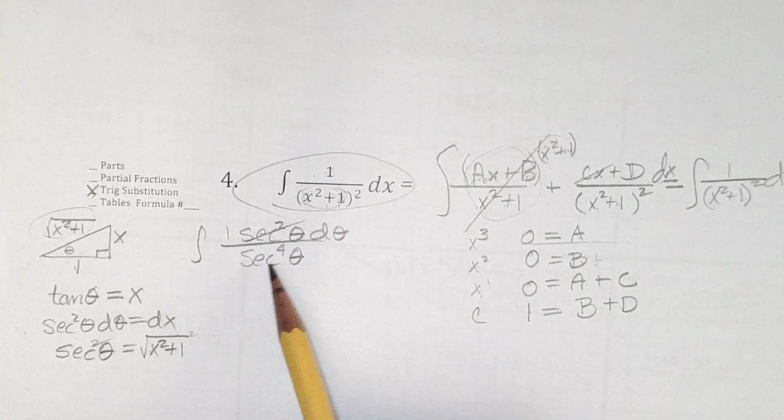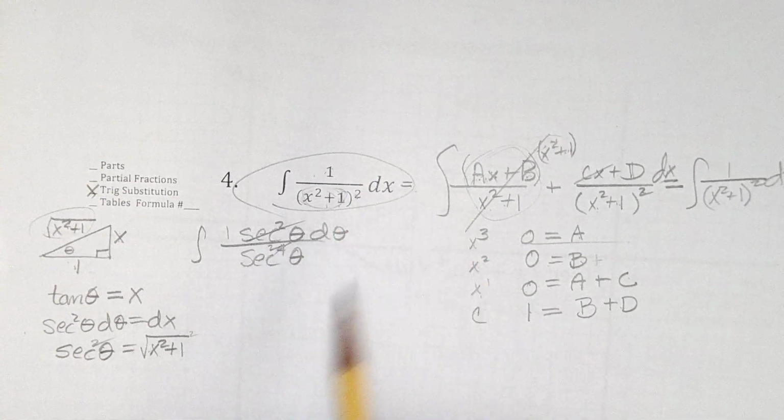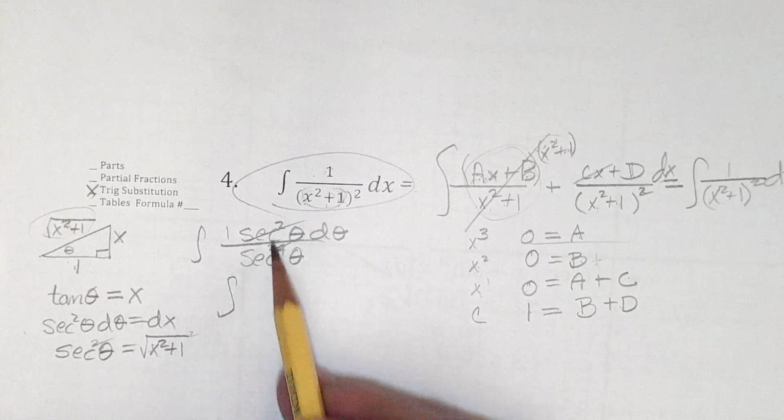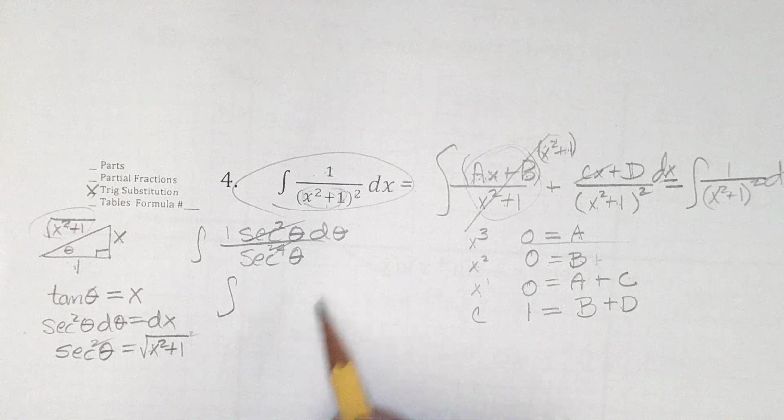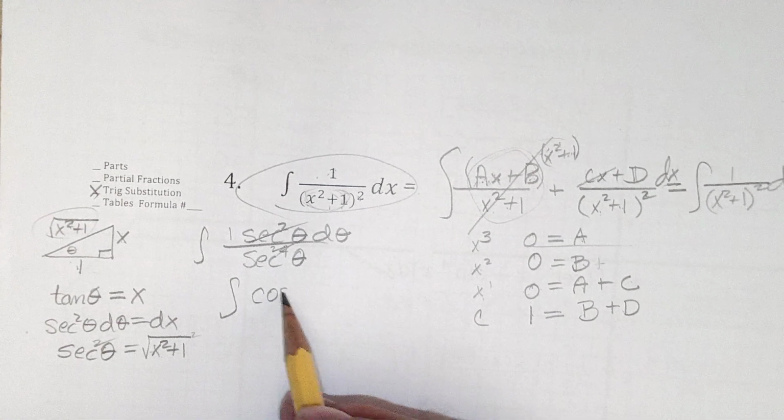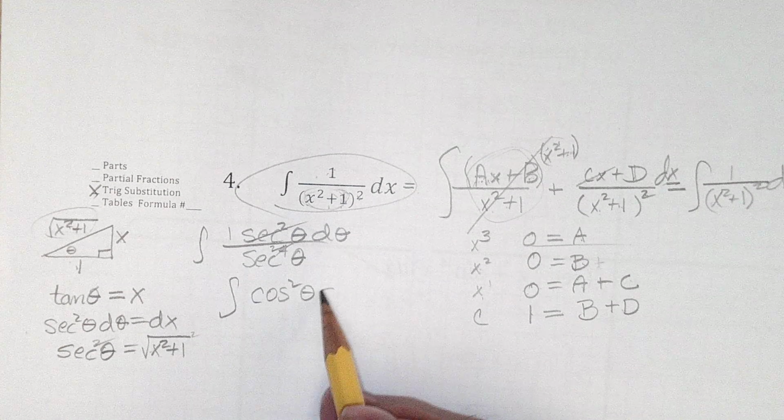Two of the secants cancel two of the secants. So I have the integral of 1 over secant squared. Well, 1 over secant is cosine, so I have the integral of cosine squared theta d theta.